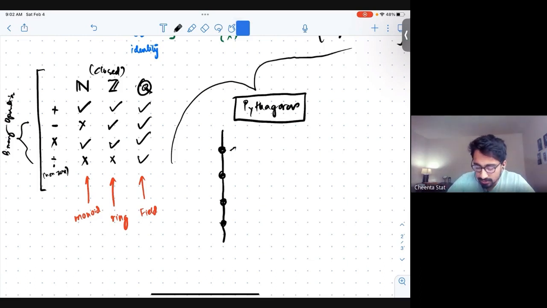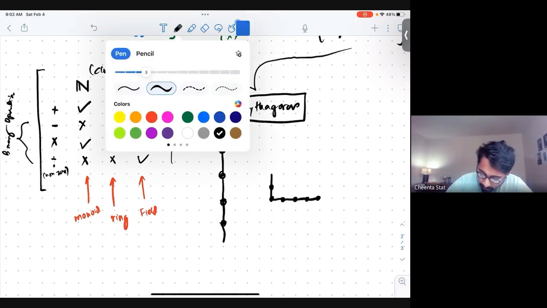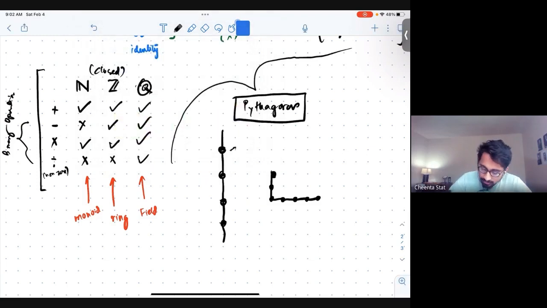And they observed that if they made a string like this and another string like this, this length is 5.